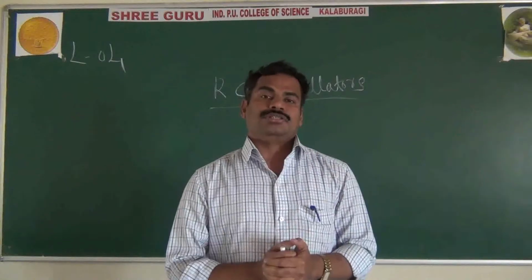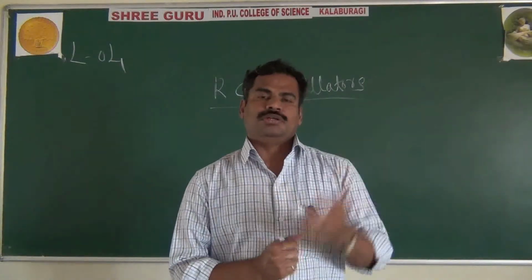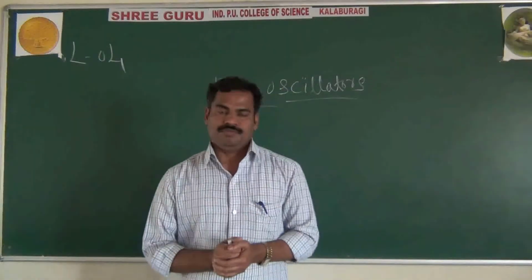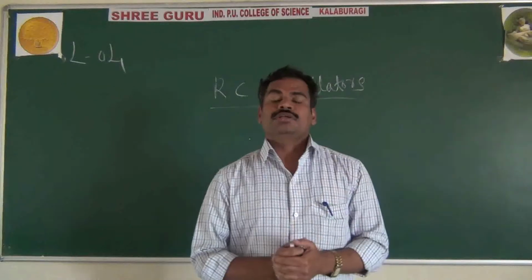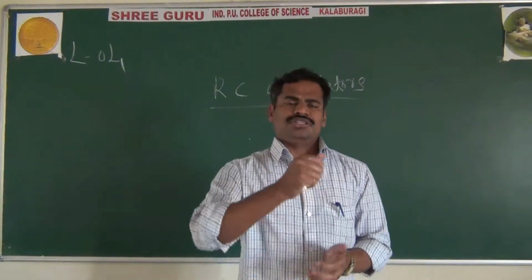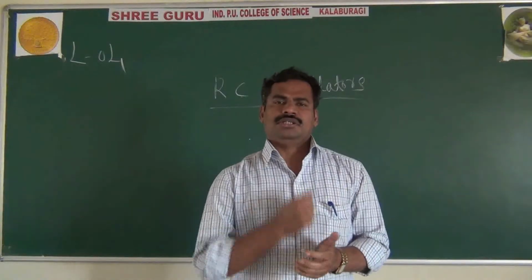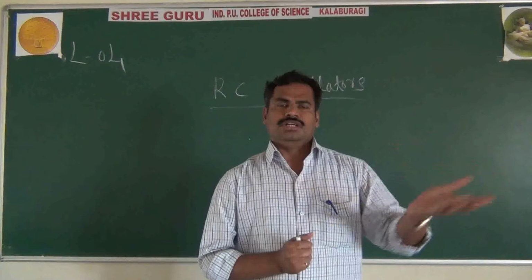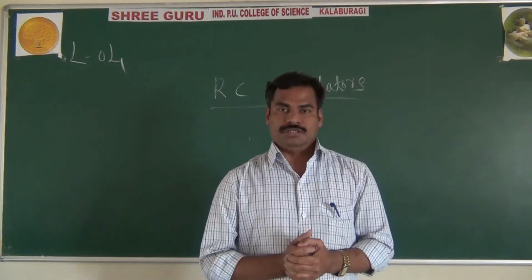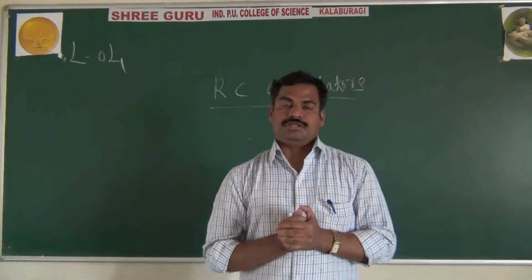The LC oscillator was studied in the last class, and it is used for high frequency generation. Whenever you want high frequency generation, we use LC oscillators. In LC oscillators there are two types: the Hartley oscillator and the Colpitts oscillator.